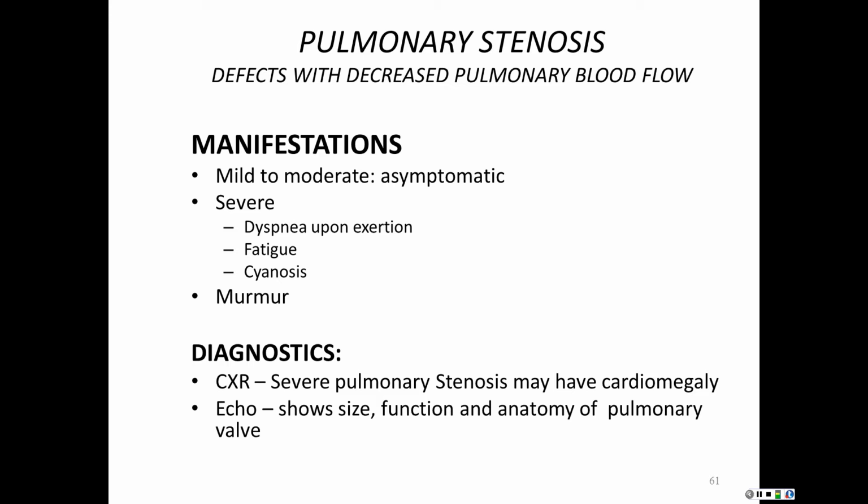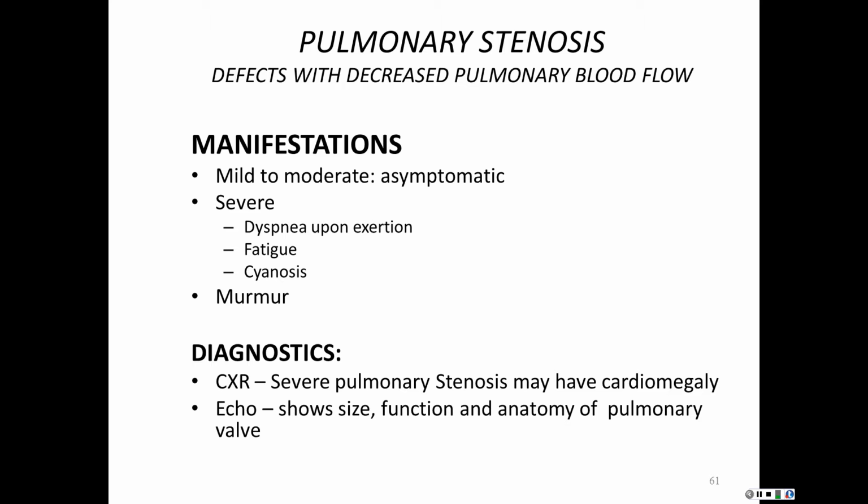Sometimes in these severe cases you may be able to feel a thrill, and that may be in the upper left sternum area. You may also have a split second heart sound related to the late closure of the pulmonary valve.